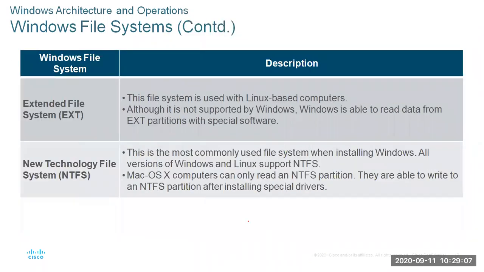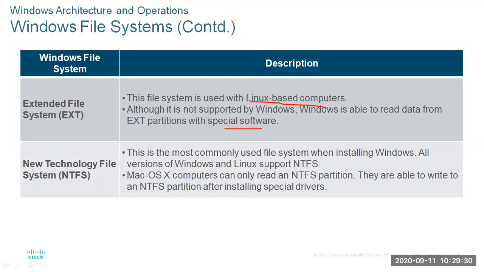Then we have the Extended File System, EXT, and basically it is used in Linux. And although it's not supported by Windows, Windows is able to read data from the EXT partition with special software.